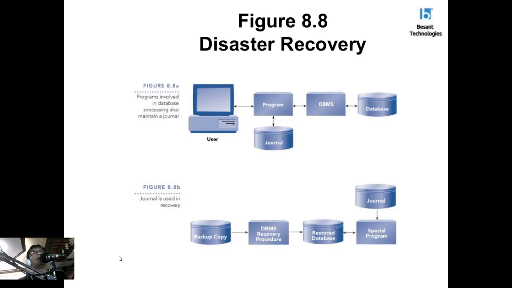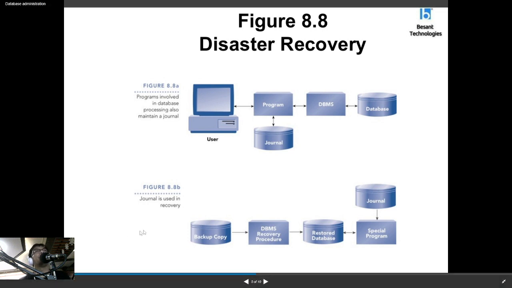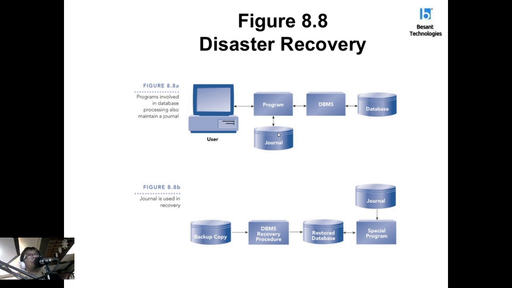So here, this is an example wherein there is a journal used by the system, and that journal will be used to recover, but we'll be taking more of this. So there's a program that records the journal. More or less, it's some sort of a log of all the activities. But we'll be discussing more of this as we go on.